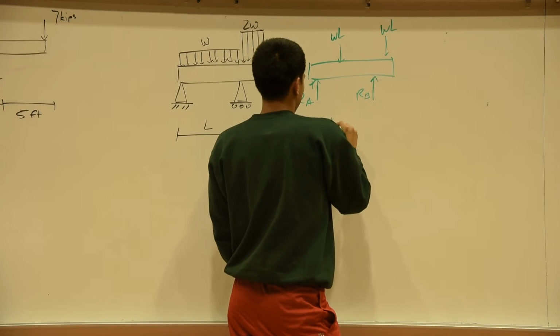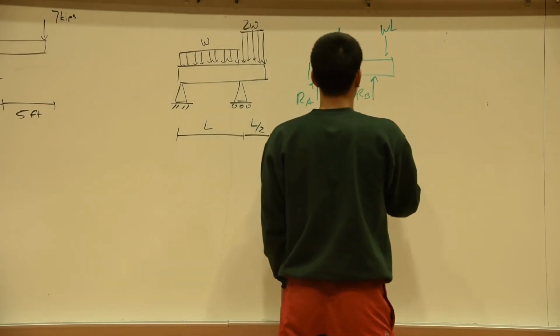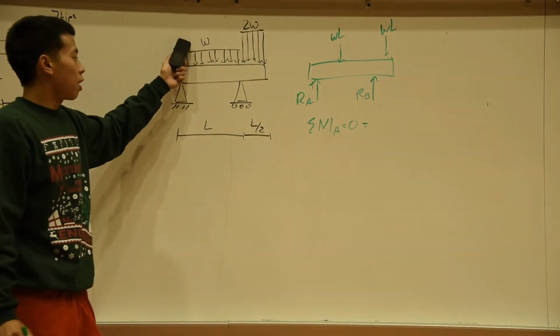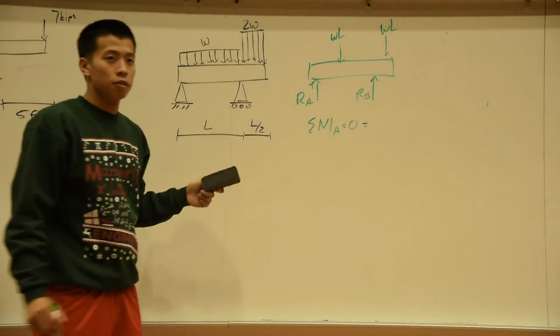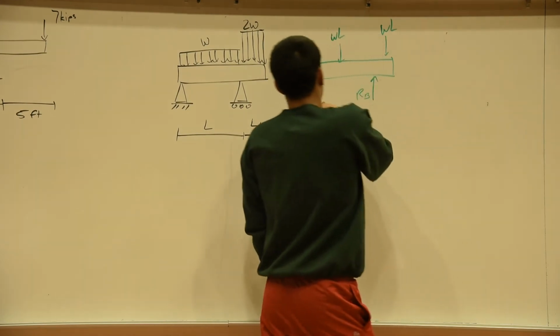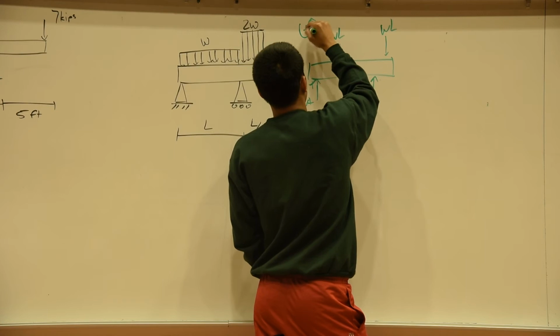Sum of moments at A equals 0. Okay? The equivalent loads are just equal to the values times the distance, right? W times L, 2W times L over 2. The 2's cancel out. So they're the same. Sum of moments. Once again, I'm going to do this.